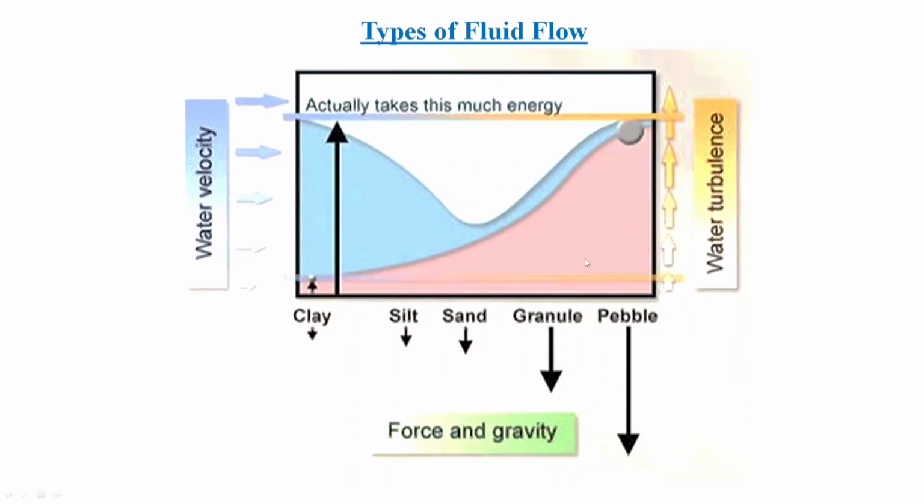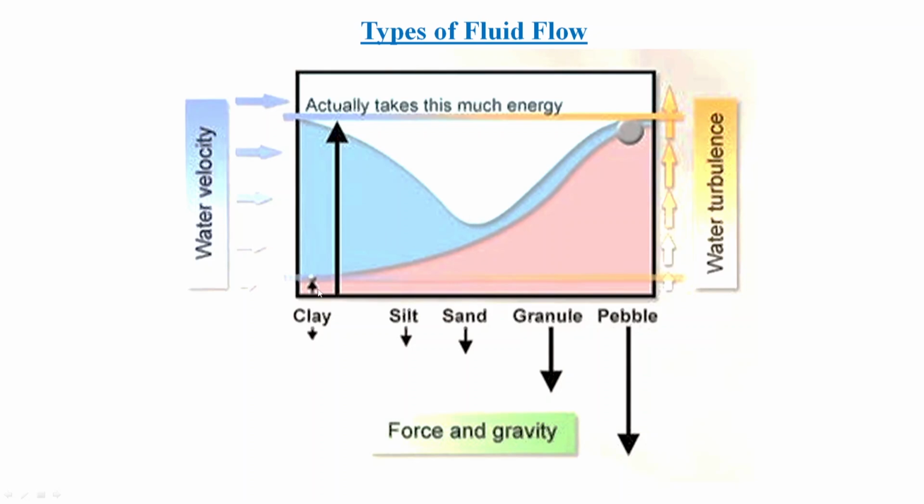But to discuss more, if I compare this graph, I can see that it is actually the sand which requires the lowest water velocity to be transported from one place to another. Why is it so?